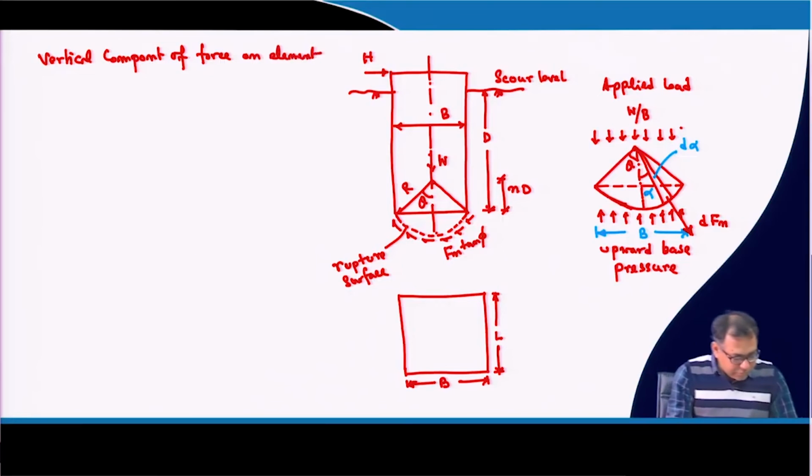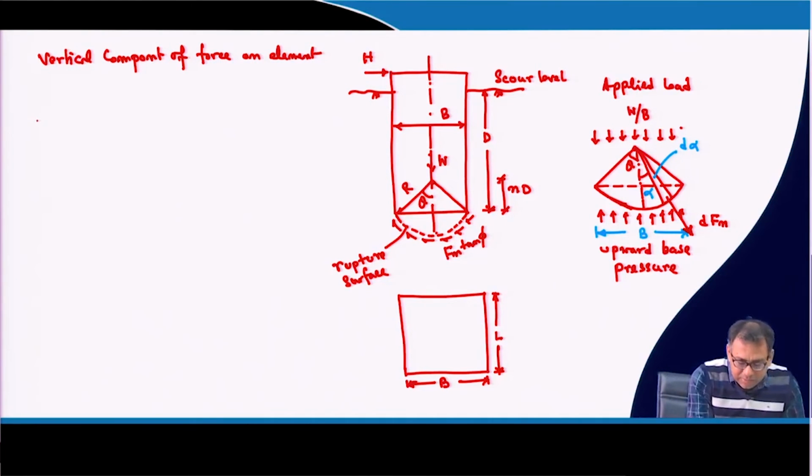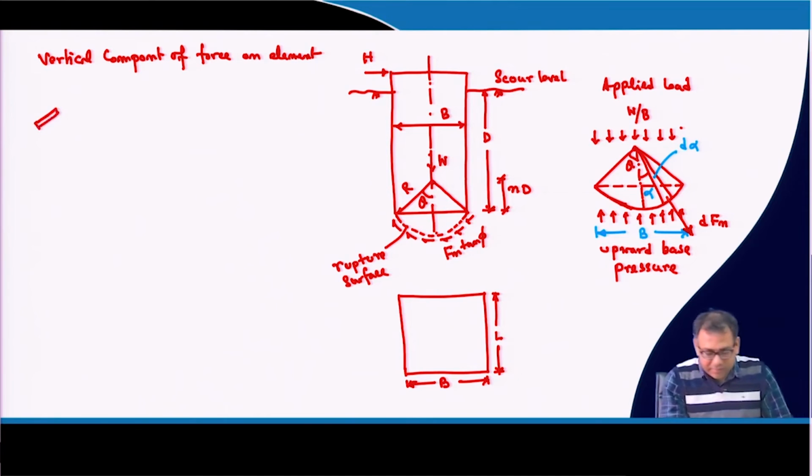Which element? Suppose we have considered a very small element, like this is the element that we have considered, and on that element the dFn is acting, okay.